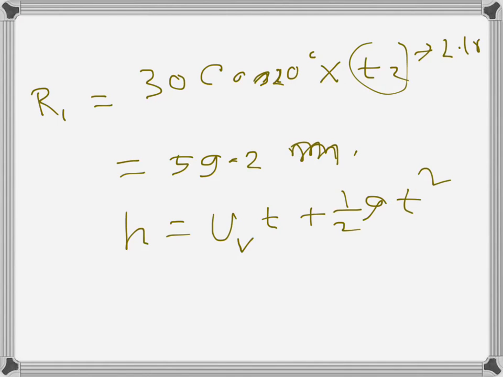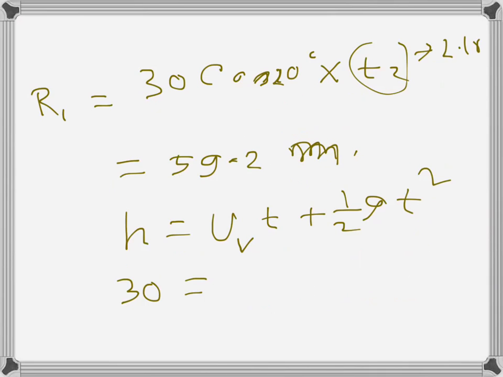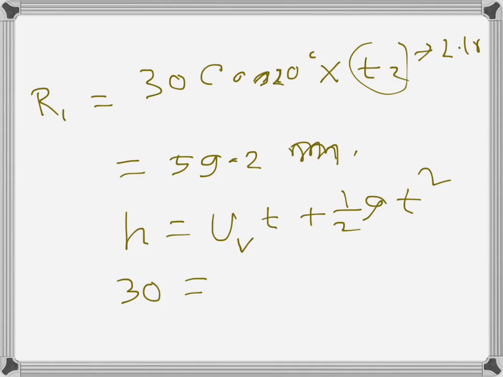It's plus because it's descending, so it's accelerating. This height is the tower height, 30 meters, and u vertical will be the same as it was initially because it's at the same horizontal plane basically.